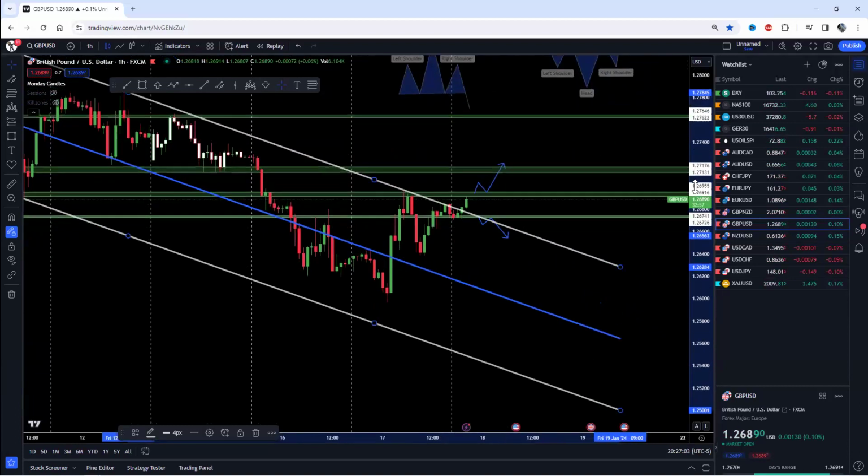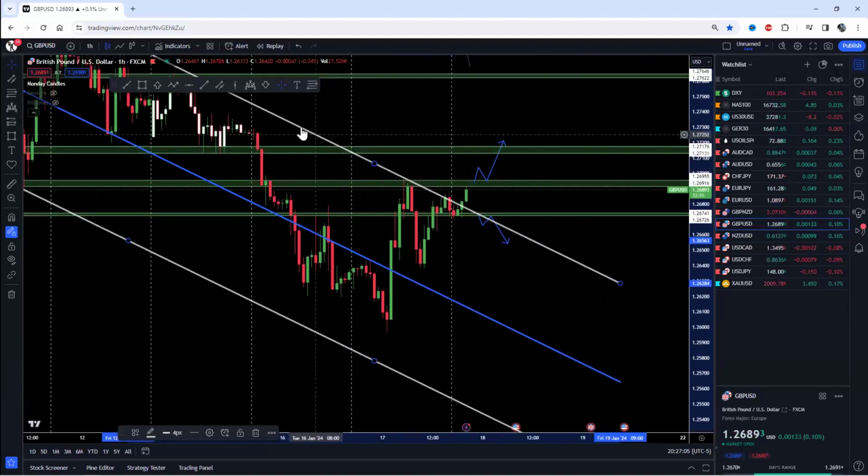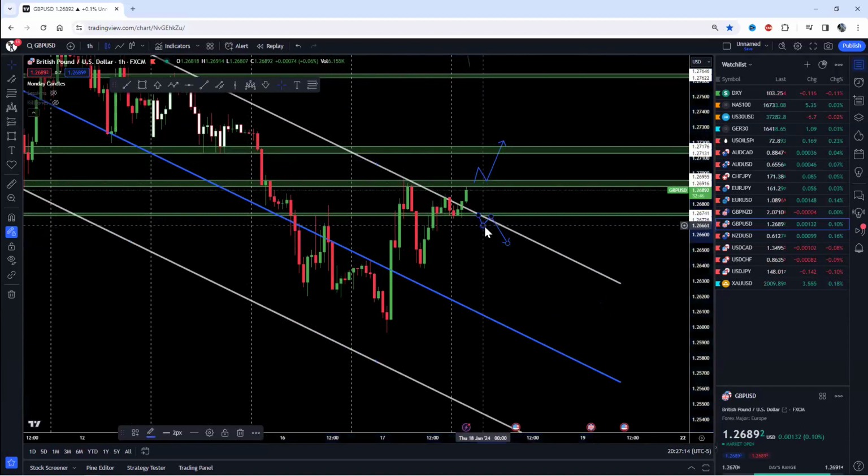Now we can see that we have a parallel channel diagonal going across. When we get to this point down here, we can literally see that if we break below this parallel and this horizontal, we can definitely take it down.